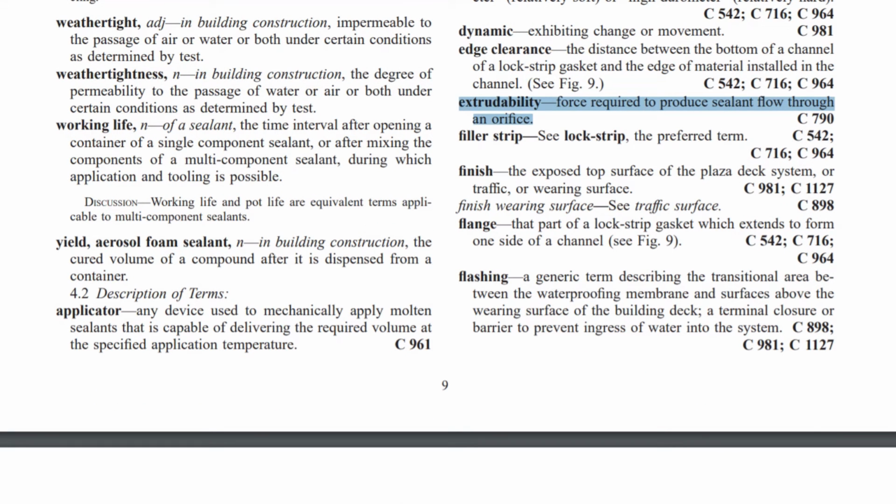Extrudability refers to the force required to produce sealant flow through an orifice. For example, a sealant with good extrudability would readily flow through a nozzle, whereas a sealant with poor extrudability would require a great deal more force to cause it to flow through a nozzle.